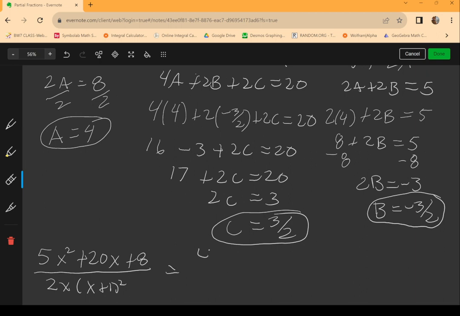We get to be 4 over x plus negative 3/2. Excuse me. Got a little ahead of myself here. I'm not sure what I was thinking here. Let me backtrack here.